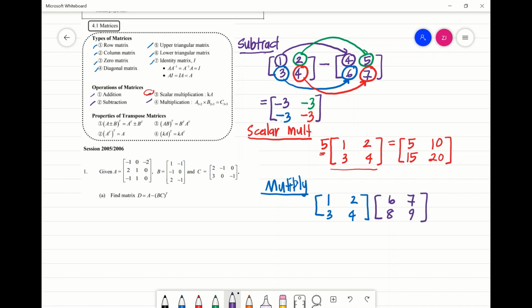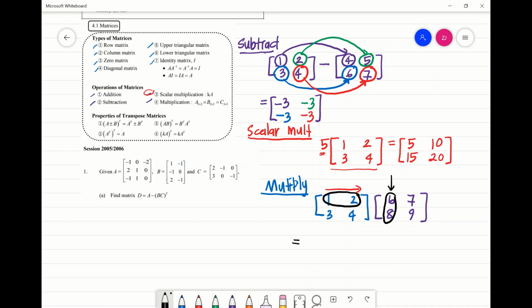We are going to multiply these two matrices, and the operation is that we multiply the row of the first matrix with the column of the second matrix. So here we multiply this 1 and 2 with 6 and 8.